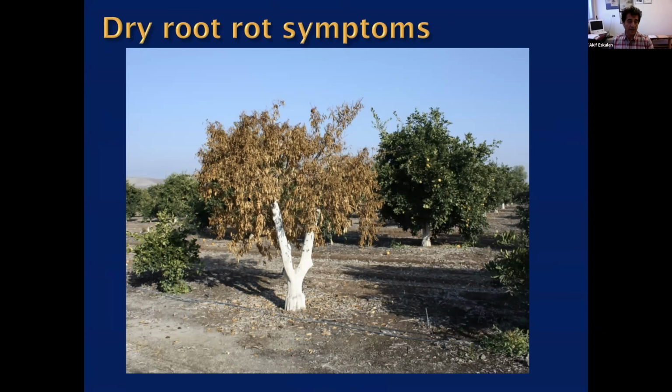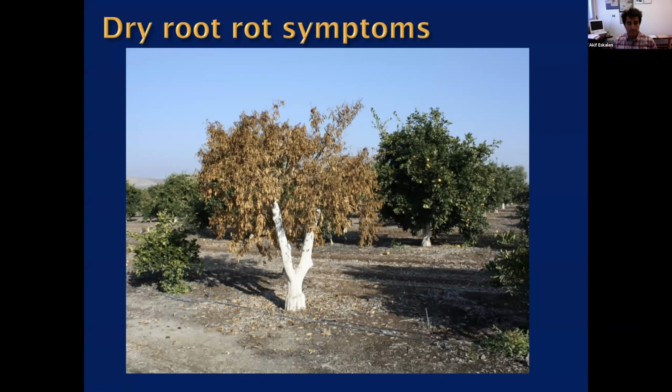Later on, I'm also going to talk about quick decline of citrus, which is a similar concept with a similar causal agent, but it's a little bit more complex than dry root rot. With the dry root rot symptom, as you can see, the tree is completely dead. In most cases, the tree dies within a short time.